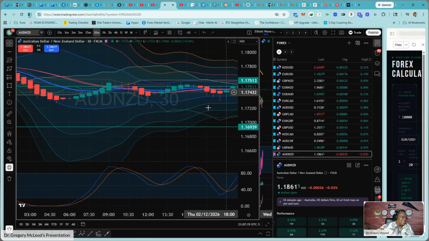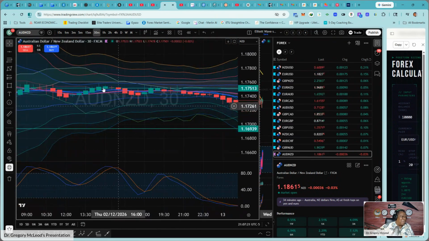They get these almost like the Guppy, right? Lots of moving averages, all these 20. These are all 20 periods, but they're 2, 4, and 6 standard deviations from the mean, from the center. Okay, so the center is a 20, and all these are 2 standard deviations above and 2 standard deviations below. So when you see an extreme move push in a ranging market, you just fade that, like a rubber band.